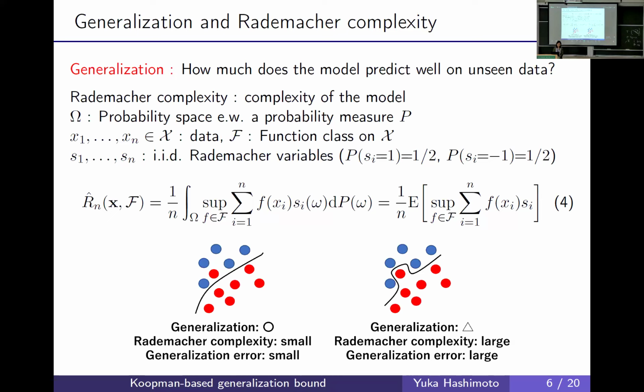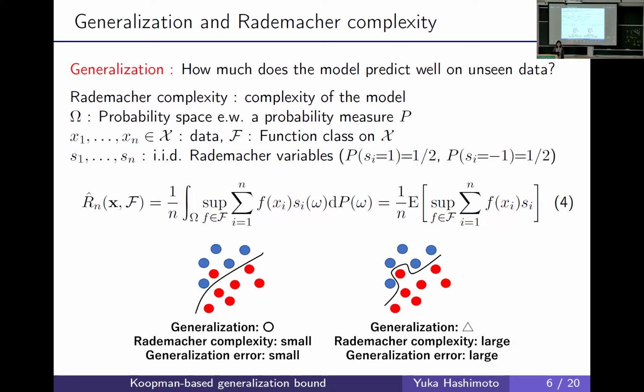Since the generalization error is bounded by the Rademacher complexity, bounding the Rademacher complexity means bounding the generalization error. The Rademacher complexity is a measure of the complexity of the model, and it is defined as follows.